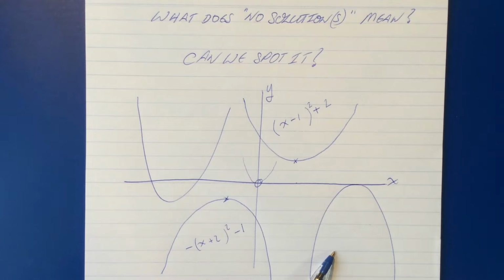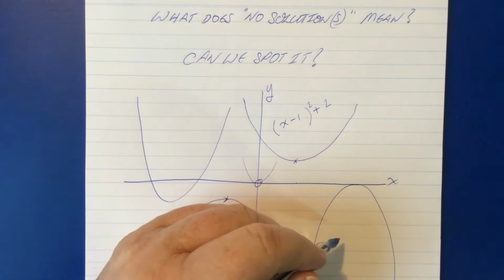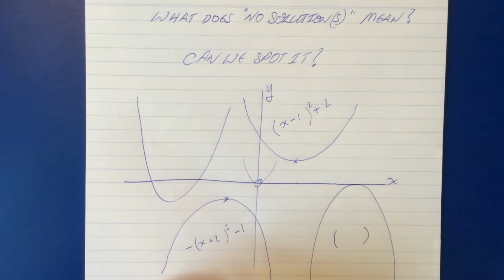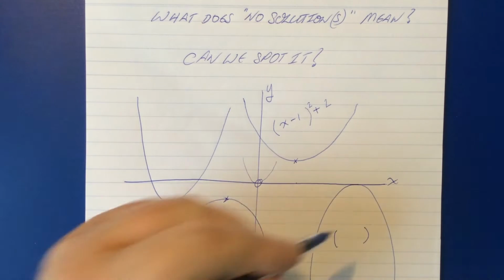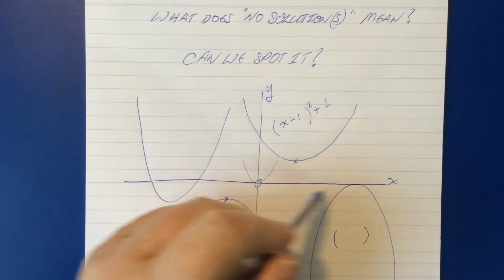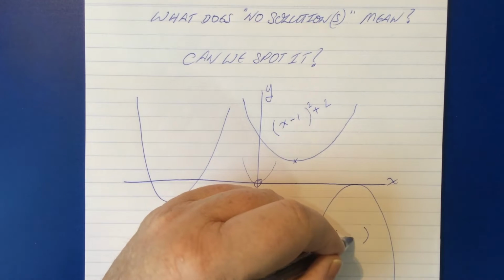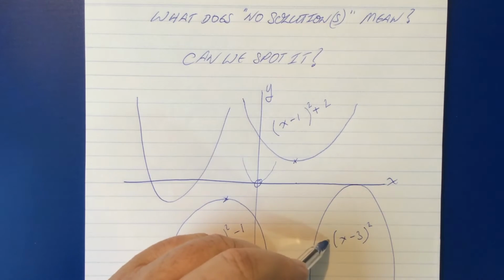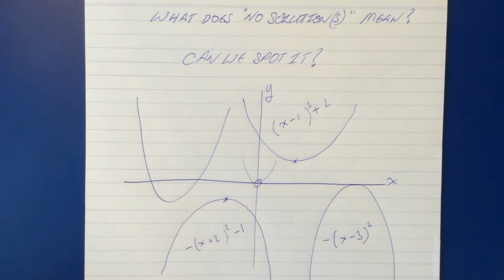Let's start with this one. So this touches the x-axis at one point, which suggests to me that this is some form of perfect square. Now it's been moved to the right a number of units. We'll say 3 units. And it's negative. That's completely coincidental.